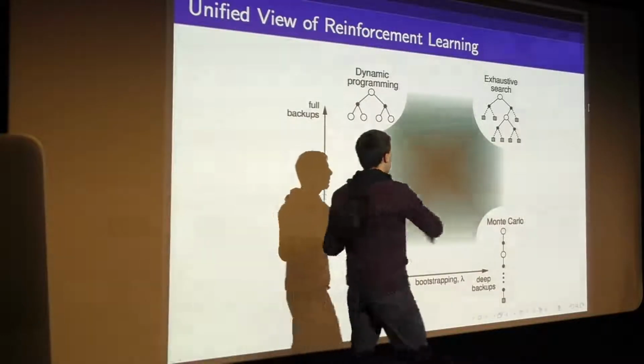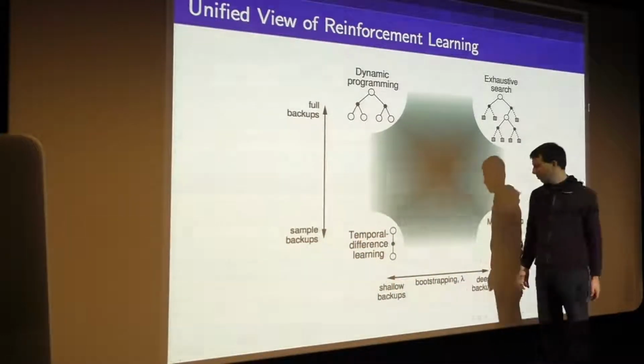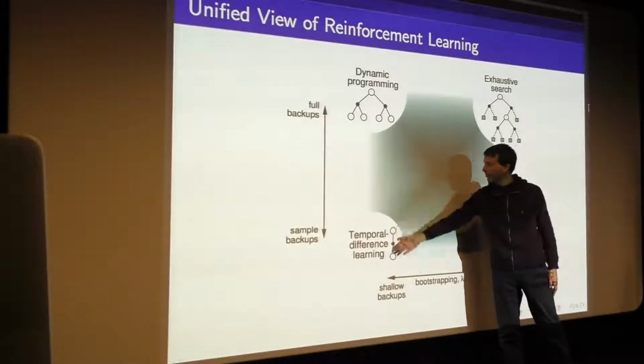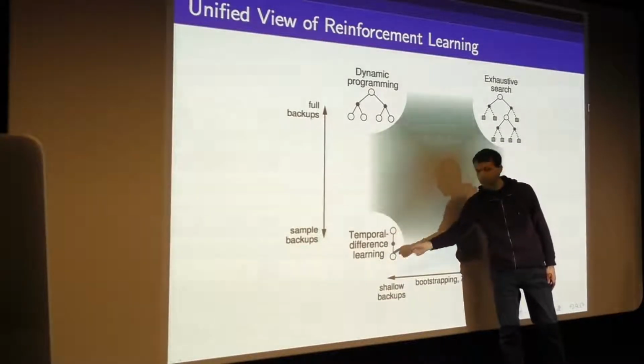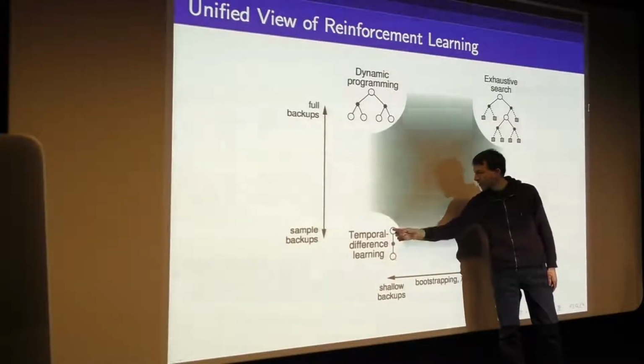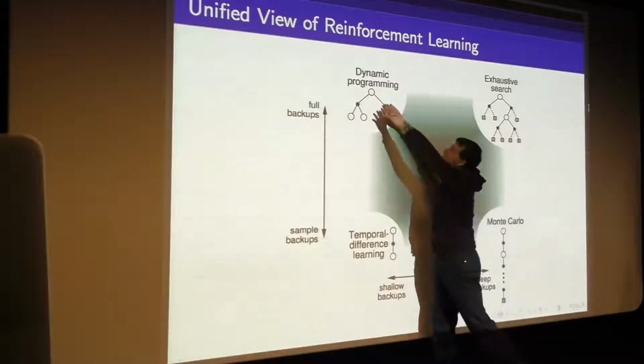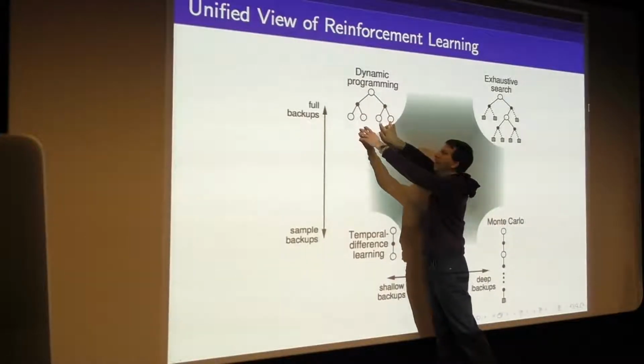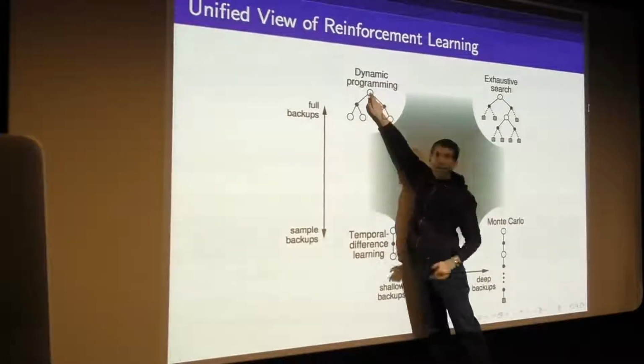And then in this dimension here, we've basically got methods which bootstrap from our value function after one step. So they only have to go like this shallow look ahead. They look ahead one step and then update from the value function here towards the value function here. Or in dynamic programming, we do a full width look ahead, but we update from the value function here to the value function here.